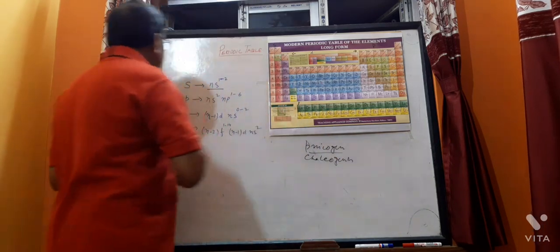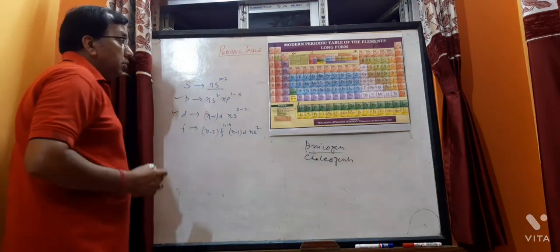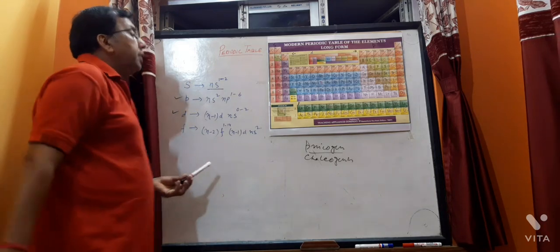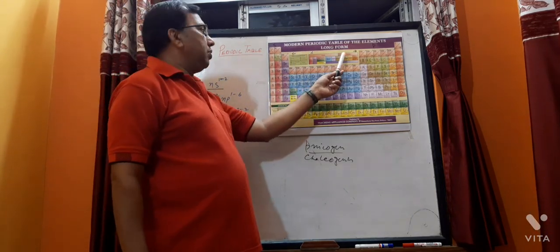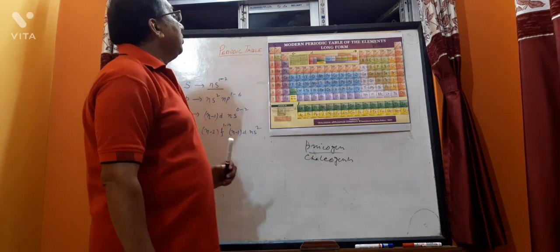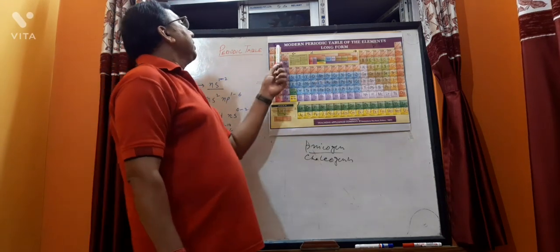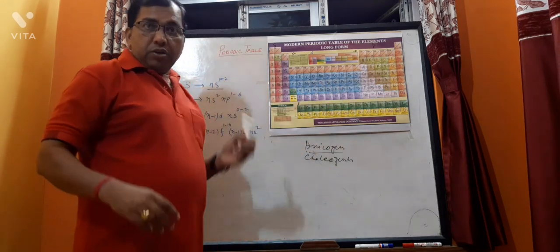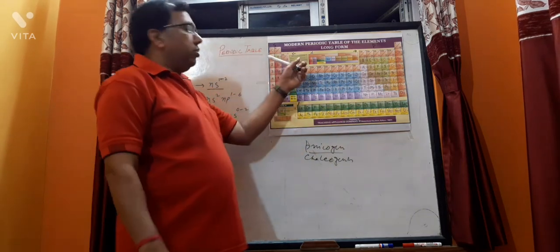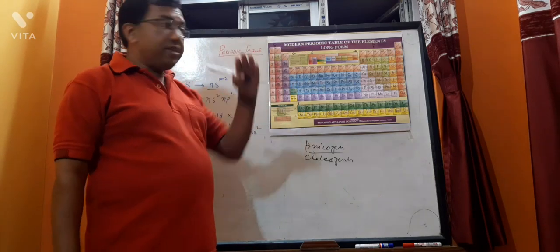Next, D block. D block elements. These are known as the D block elements. Okay? Clear? Groups 1 to 2 completed, 13 to 18 completed. So here the last electron goes to the inner d orbital.